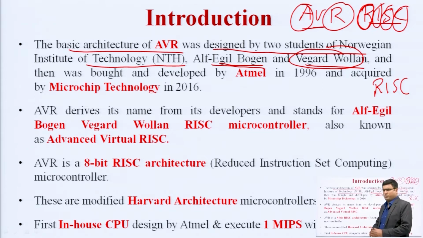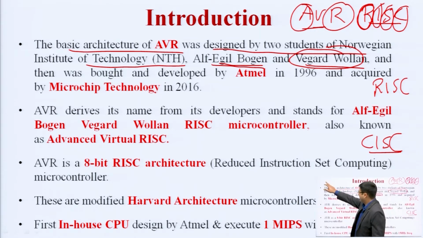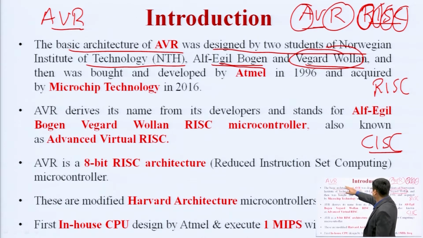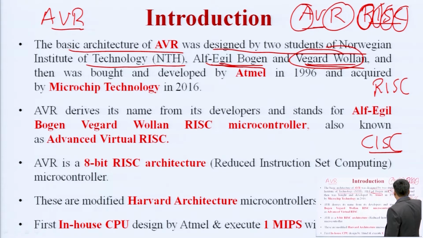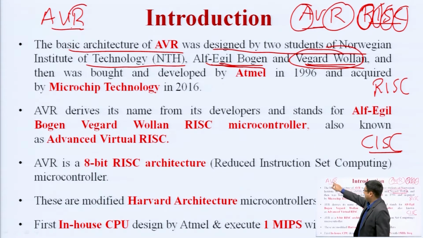There is other processor available as well, like CISC, complex instruction set computer. AVR follows the RISC processor. So now it is clear to all of you what AVR stands for: AV means the names of the two students, Alf Egil Bogen and Vegard Wollan, and R means the RISC architecture.